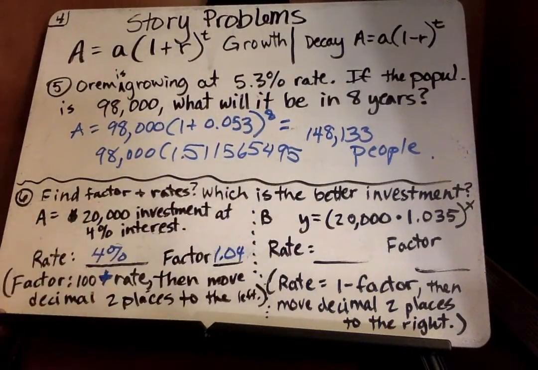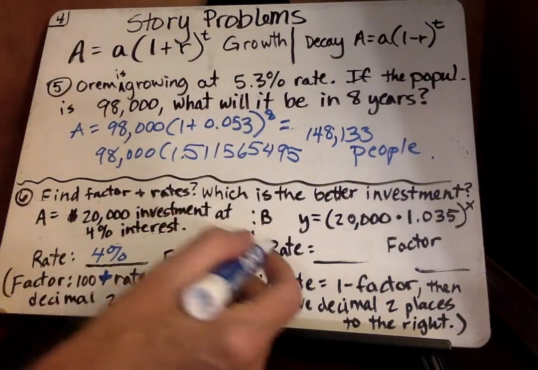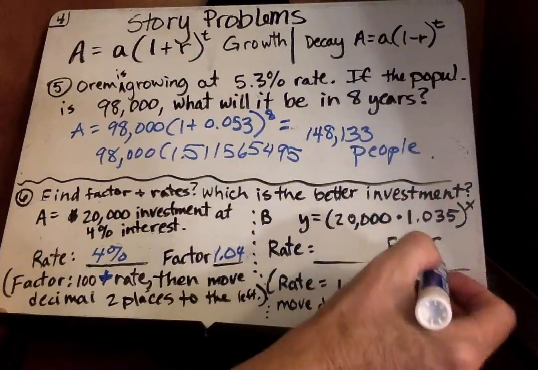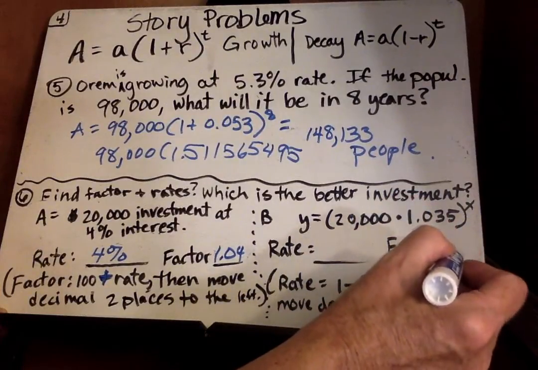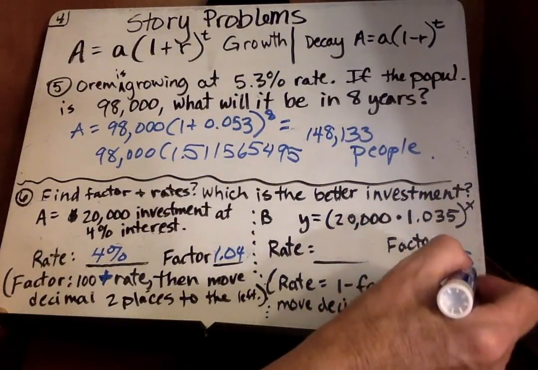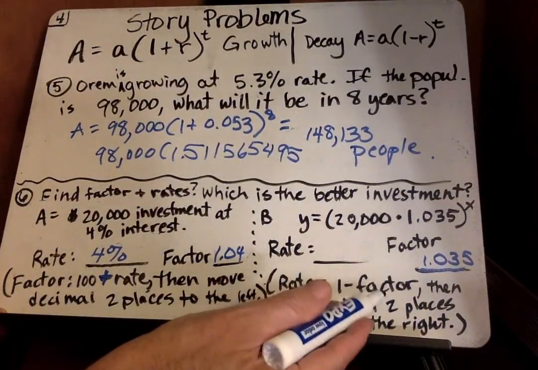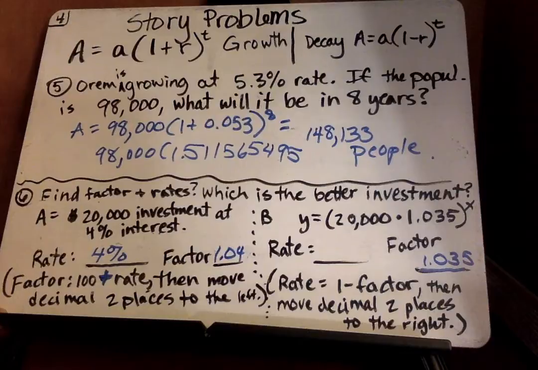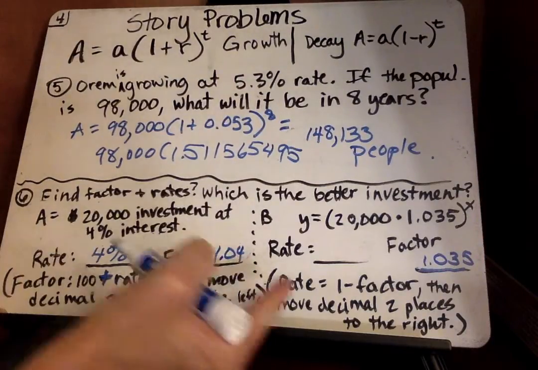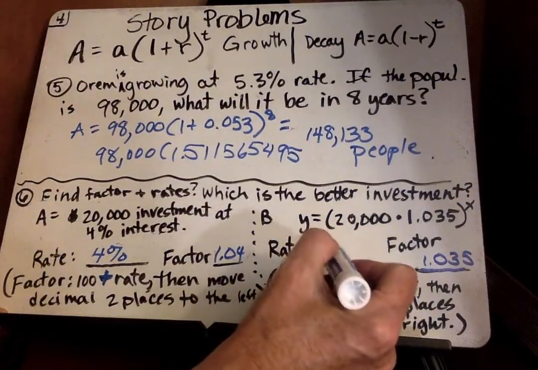The next one over here, which is the better investment? 20,000 times 1.035. Our rate we don't know, but our factor is 1.035. And to get our rate is 1 minus the factor. So I go 1 minus 1.035, and I get 0.035, and then move the decimal 2 places to the right.